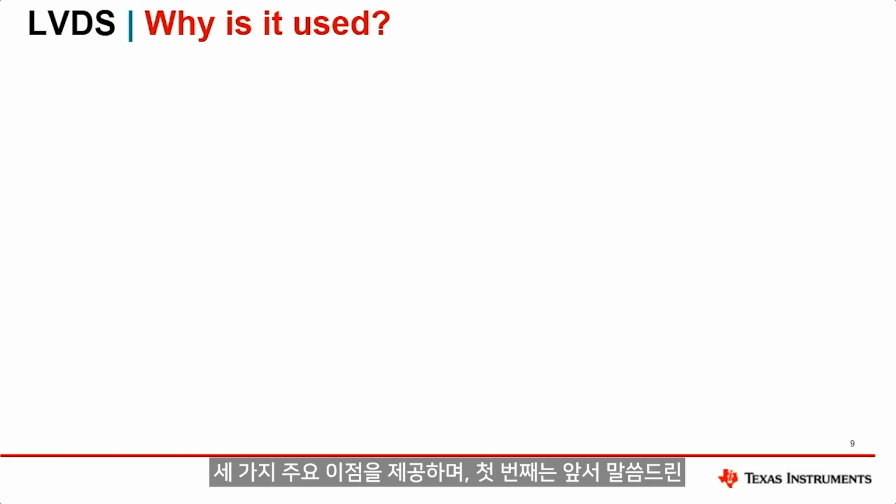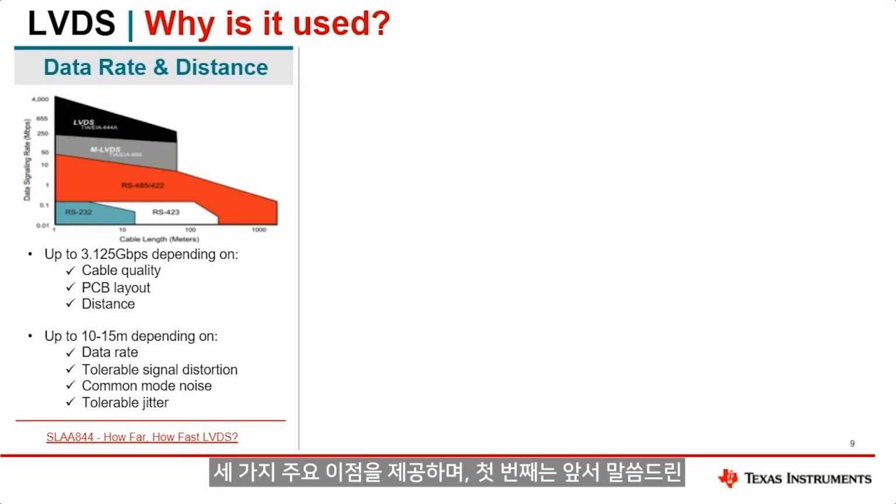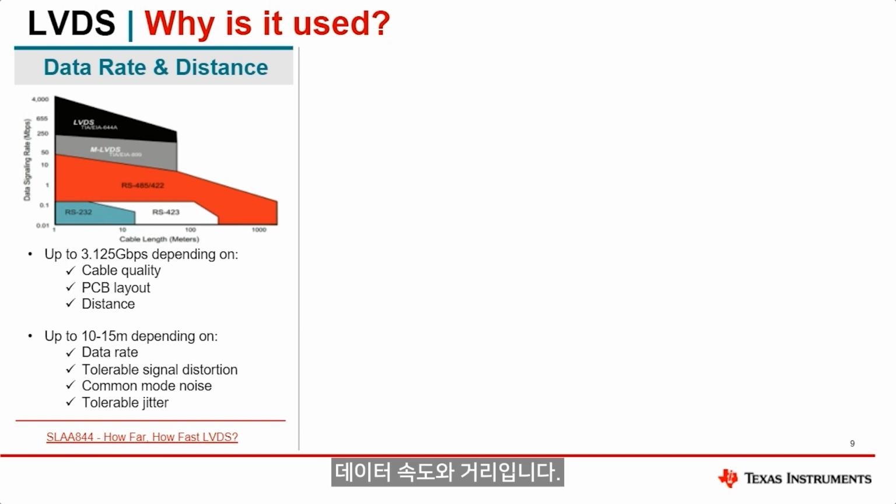The first one is LVDS's data rate and the distance that you can transmit compared to the other differential standards I talked about. So LVDS is capable of transmitting in excess of 3 gigabits per second. Of course, this is very system dependent on the transmission distance and the tolerable jitter that you have in your system.